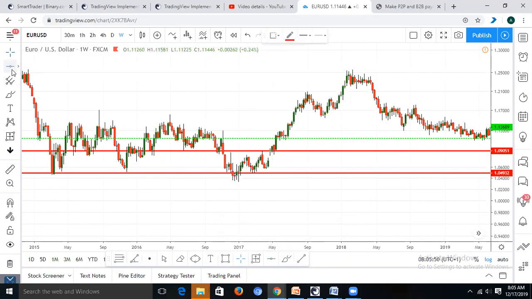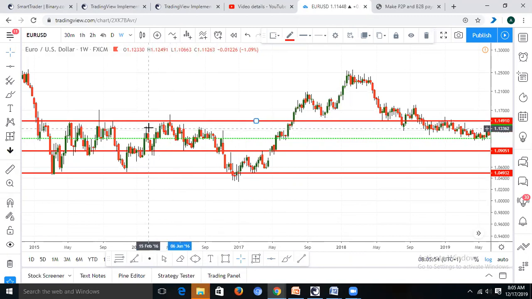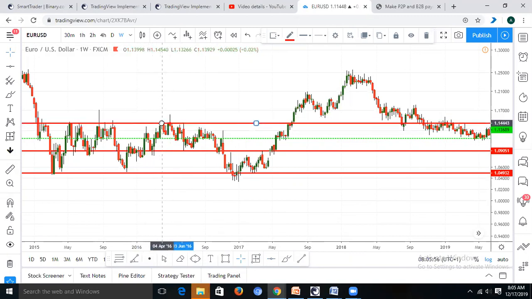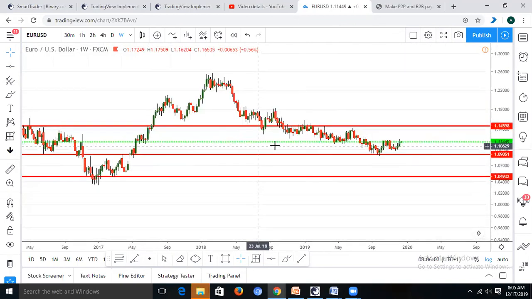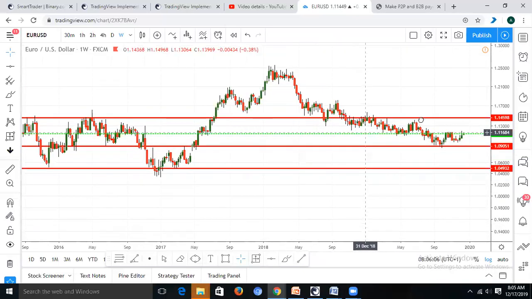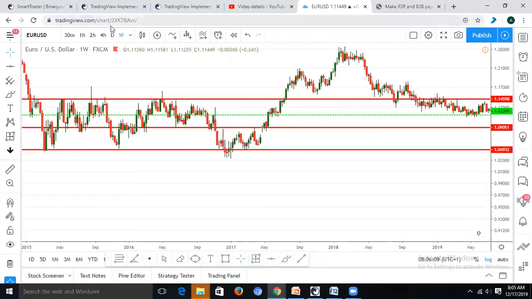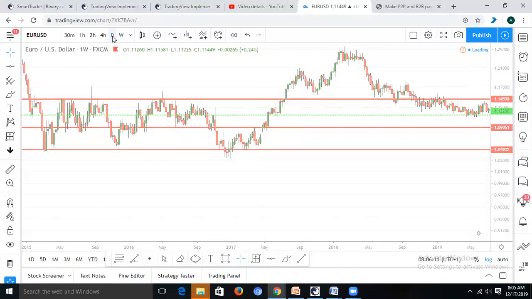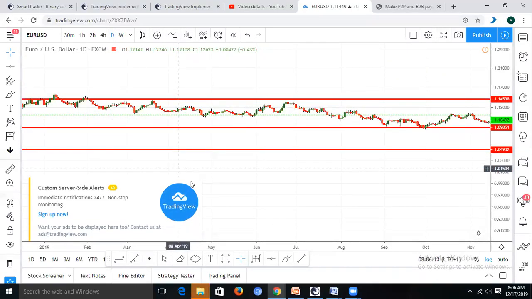The next one is here. This is another turning point. Include your weekly time frame, and see how the points are touching. Now you go back to your daily, because you are not going to be trading with the weekly time frame.